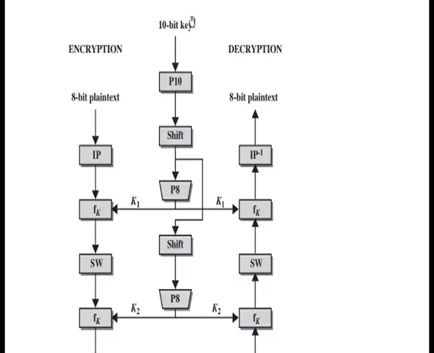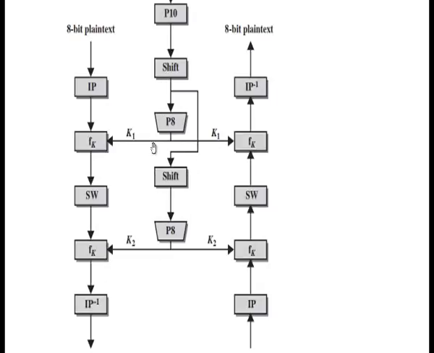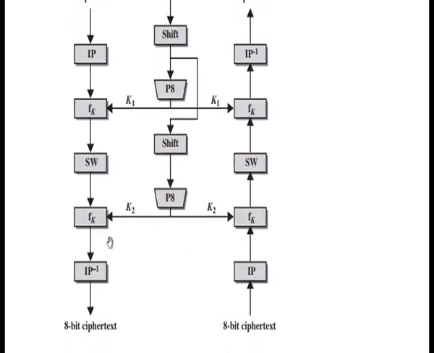This is the secret key; it is only one key because it is a symmetric key algorithm, so it is also used for decryption. The other side of the block shows the encryption process. We can see P10 as the permutation and shifting, where I generate K1, which is used for both encryption and decryption. Similarly, here a double shift gives K2, which is used for both encryption and decryption.